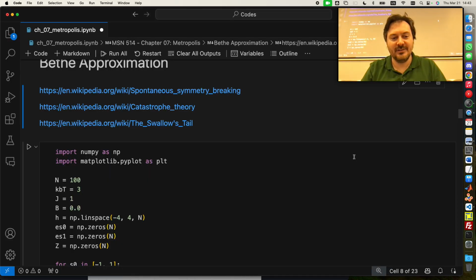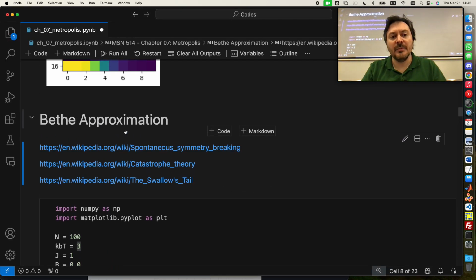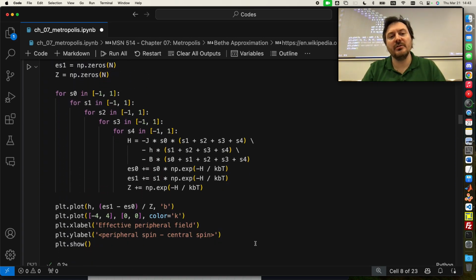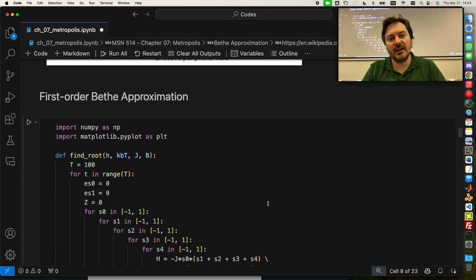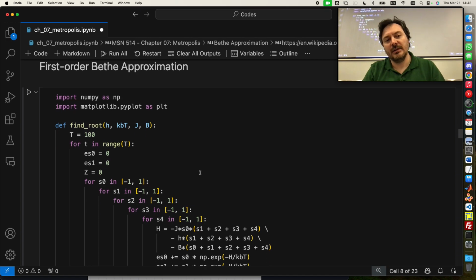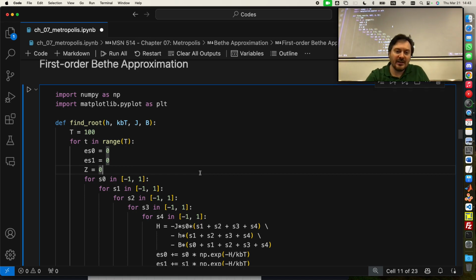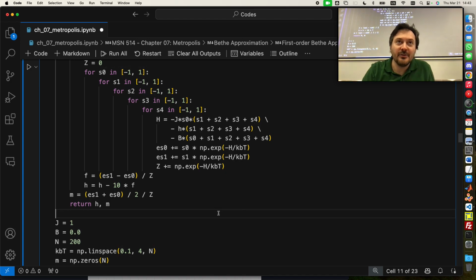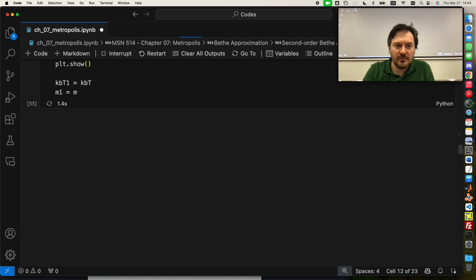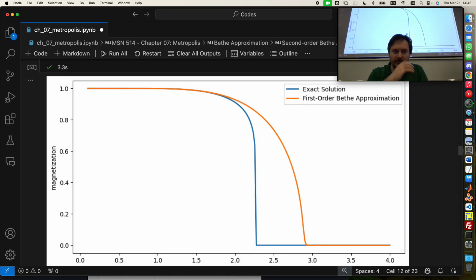That was the point. So, Bethe approximation is an approximation, and here I have a very nice code that takes this from a certain temperature to a certain temperature, following those routes. You can analyze this code. This is a thing of beauty, indeed. And if you run this code, you are going to get this first order Bethe approximation.